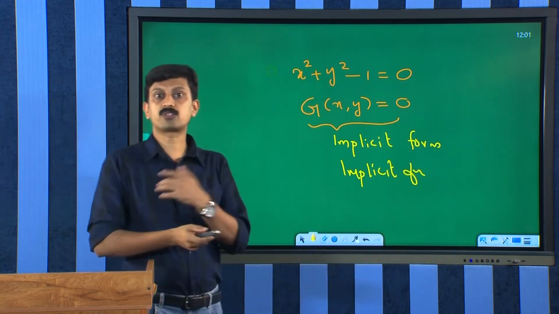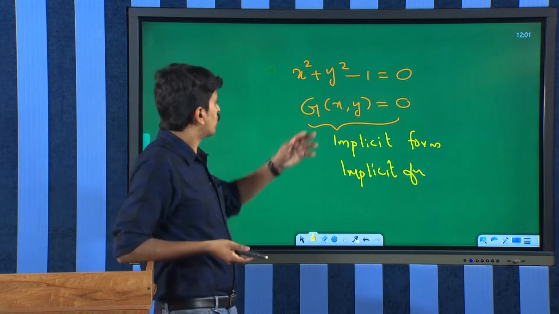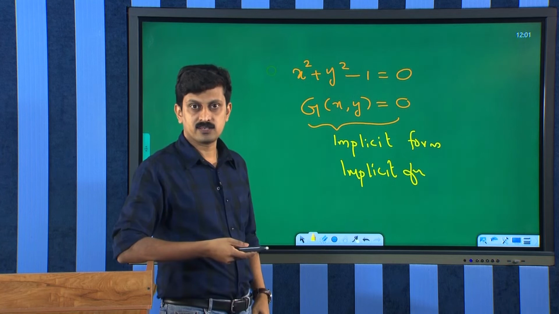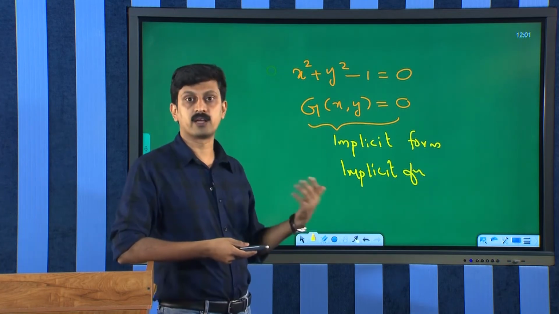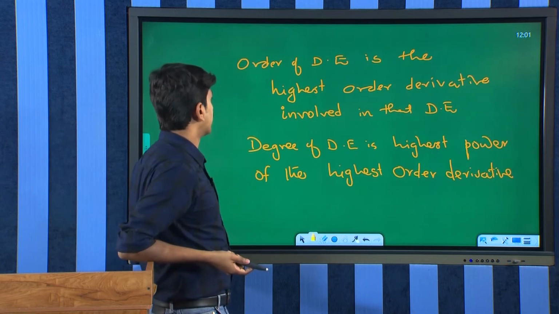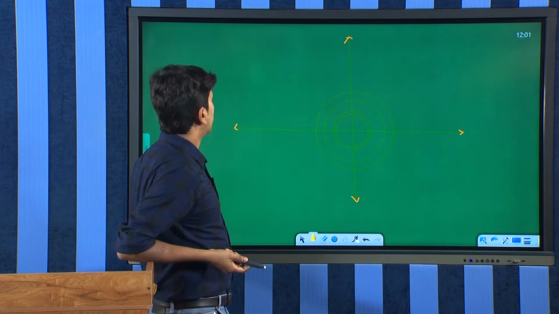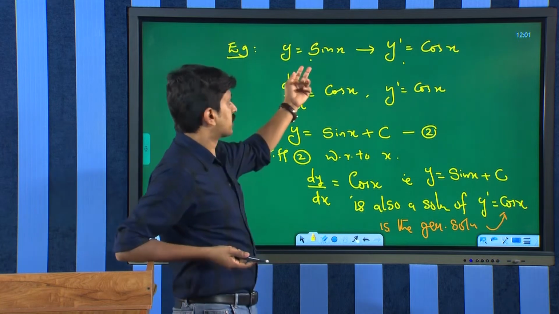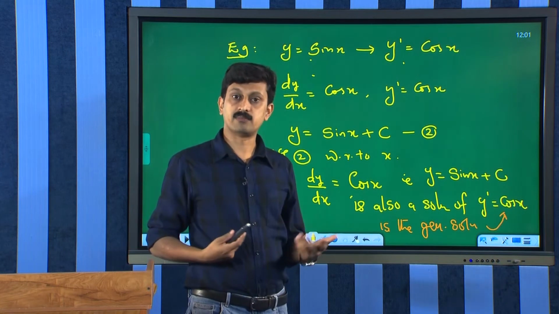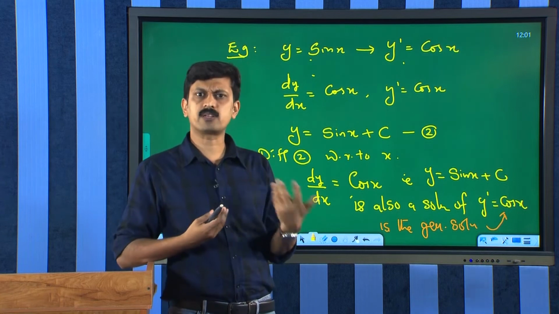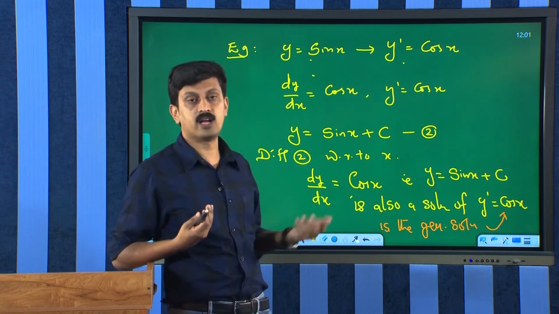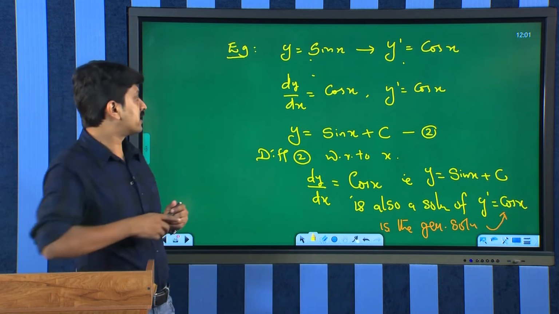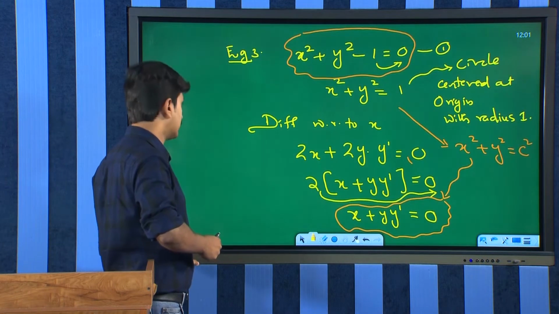So there is one more choice: the solution can be represented as an implicit function, or otherwise sometimes represented as an explicit function, as we have done here. Maybe an explicit function can be converted into an implicit function also, as we did before. So the solution may exist either in implicit form or explicit form.